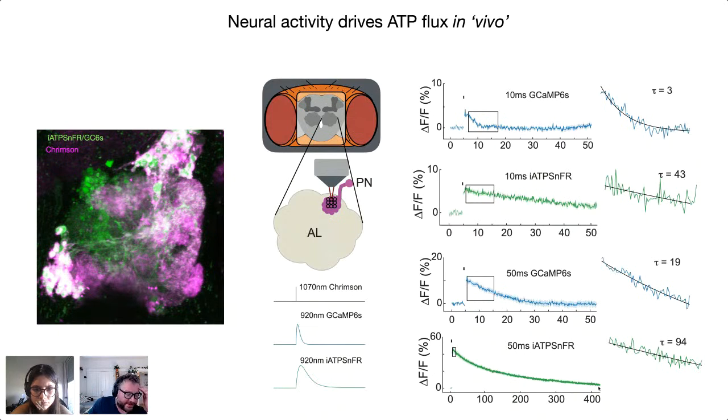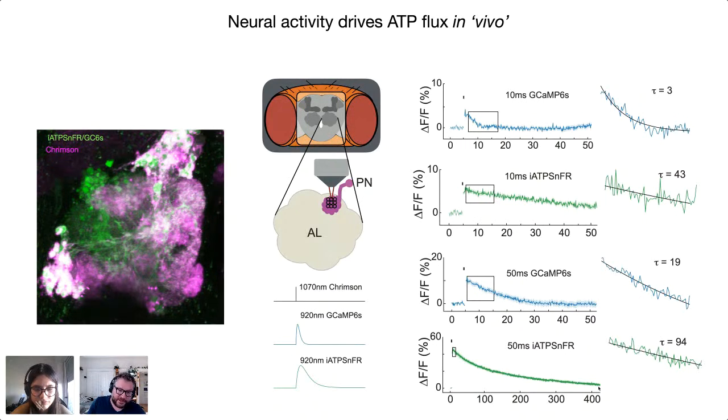And so there are a lot of interesting ideas behind this, essentially that ATP is produced in response to neural activity, but in an anticipatory way.